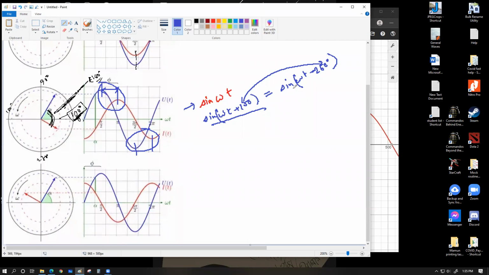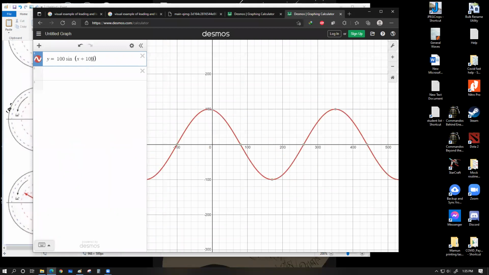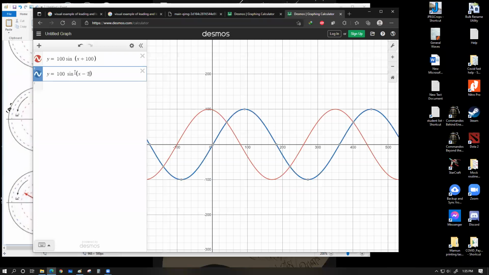And the point that I'm trying to show you over here: if I write x plus 100, this is the graph that you get. If I write another equation, let's say y equals 100 sine x, no, not plus, I mean to write minus 260, you'd get the exact same graph.